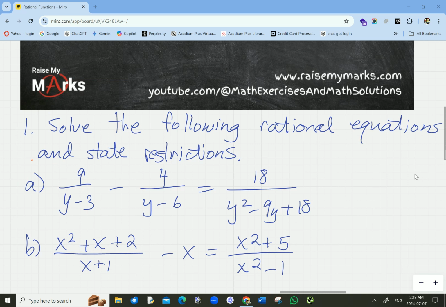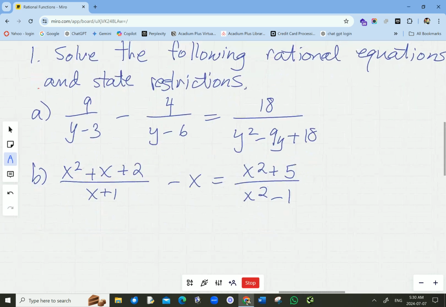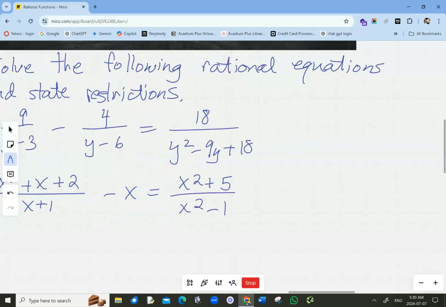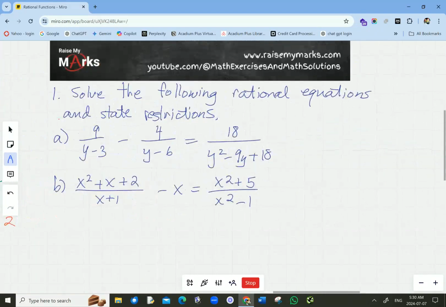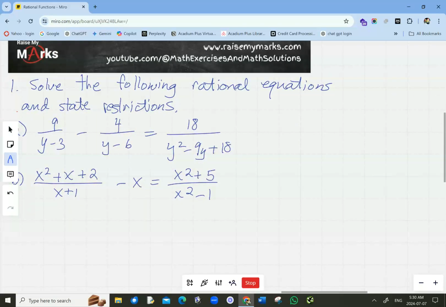Okay, so in part A, we have 9 over y minus 3 minus 4 over y minus 6 equals 18 over y squared minus 9y plus 18. Let's see where we can do this. On the left-hand side, we have a difference of two rational functions.